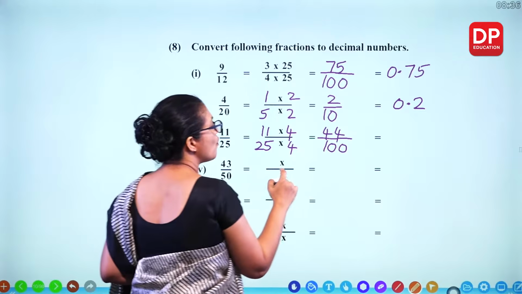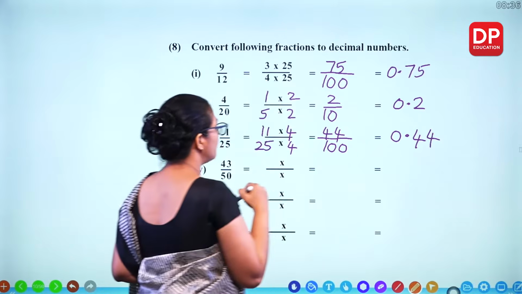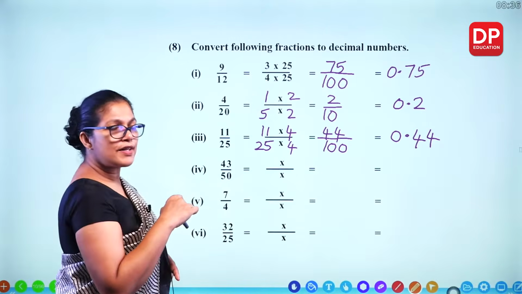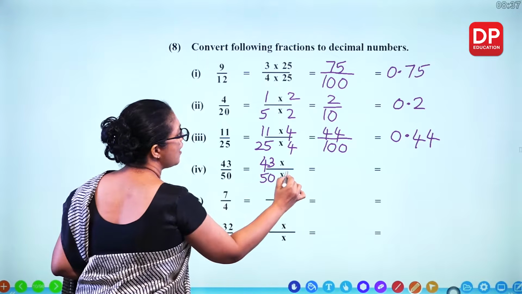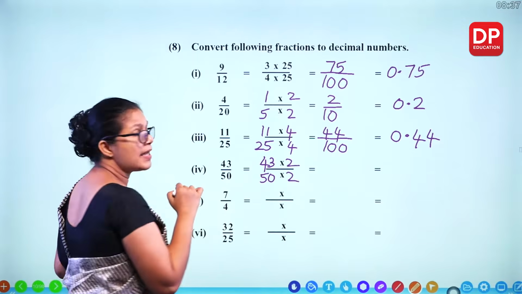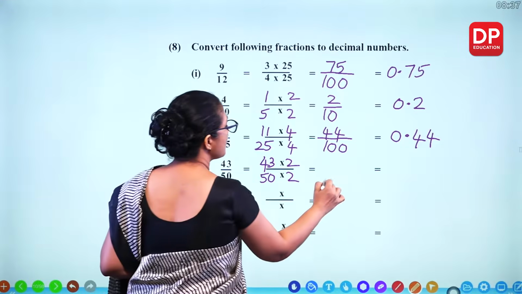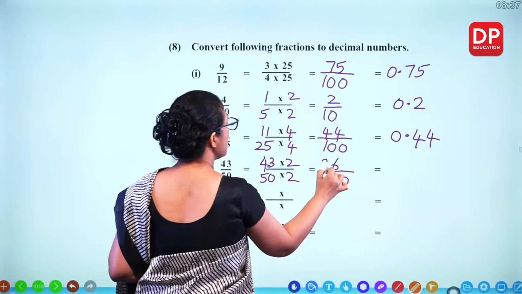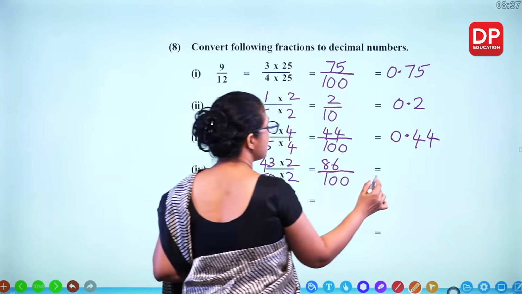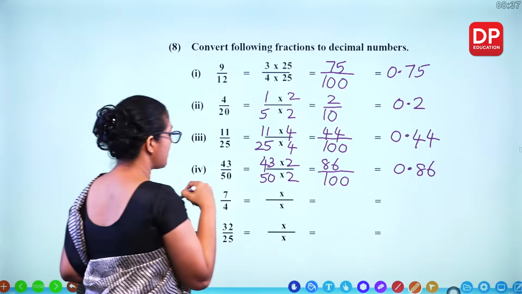So 44 over 100 means 0.44. 43 over 50. It's easy to convert to 100. Multiply both the numerator and the denominator by 2. You get 100 here. 43 and 2, you get 86. 86 divided by 100, you get 0.86.